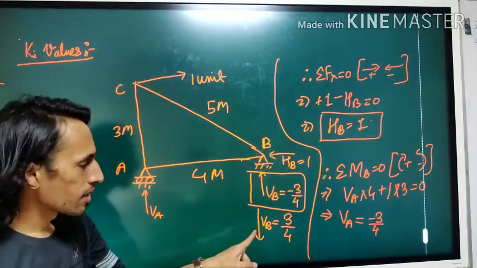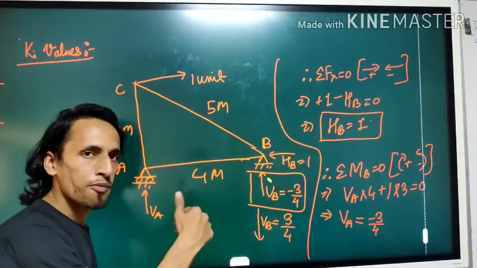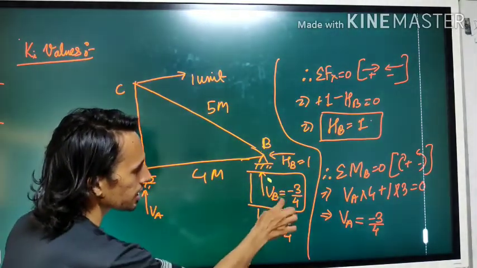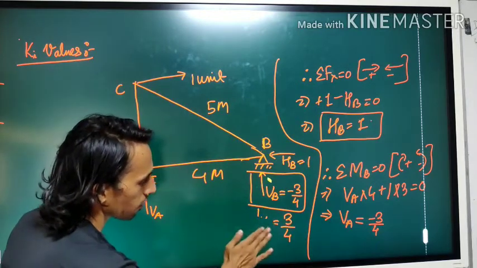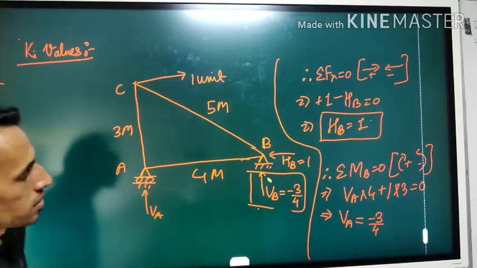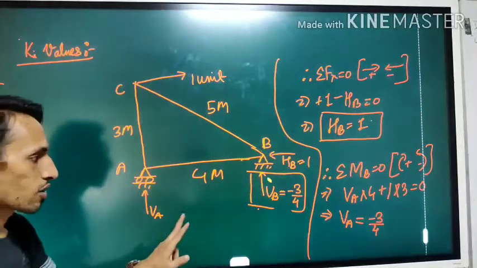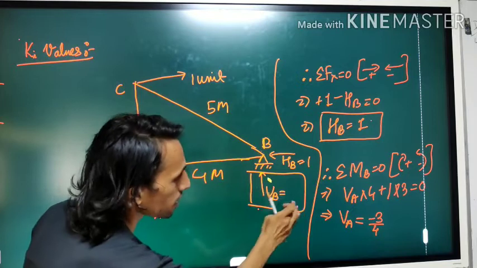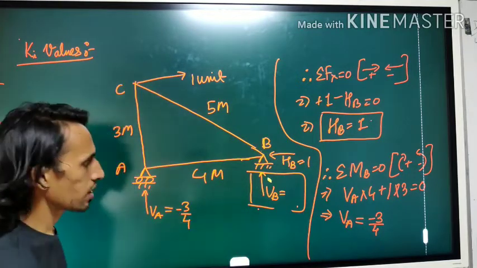Let's stick to this one, and remove the other. Basically you can do both. So now I have calculated VA, which was minus 3 by 4.